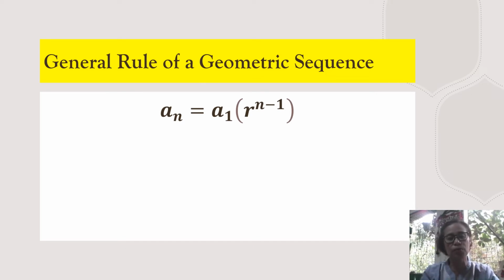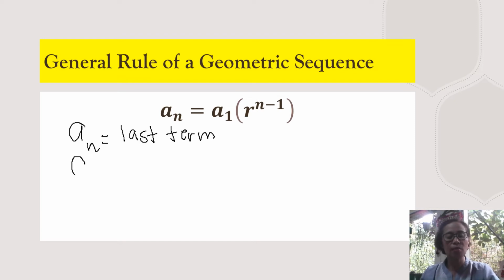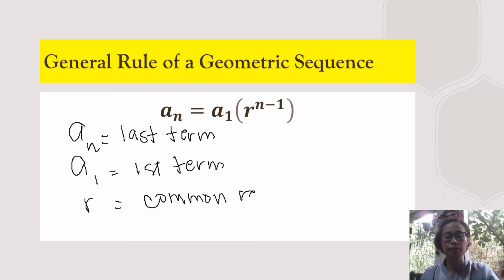There is a general rule of a geometric sequence given by a sub n equals a sub 1 multiplied by the common ratio raised to the power of n minus 1, where a sub n is the last term, a sub 1 is of course the first term, r is the common ratio or the multiplier, and n would be the number of terms that we want to solve.